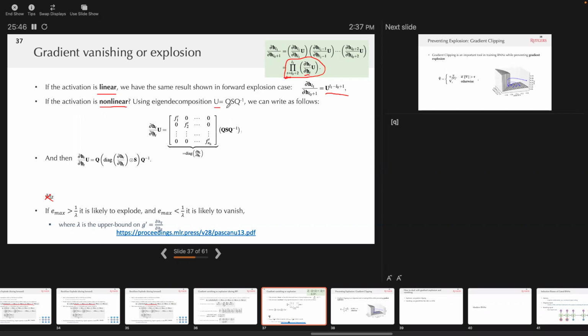This Q here is a very special matrix. It's an orthogonal matrix. What orthogonal means is that if you multiply Q by Q transpose, it's going to be an identity matrix.